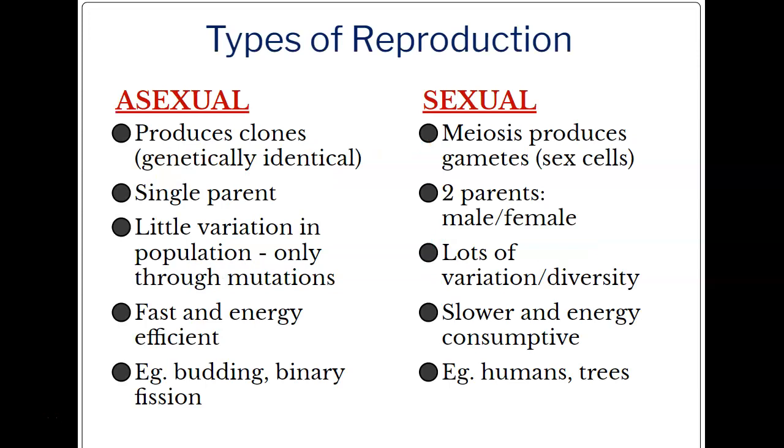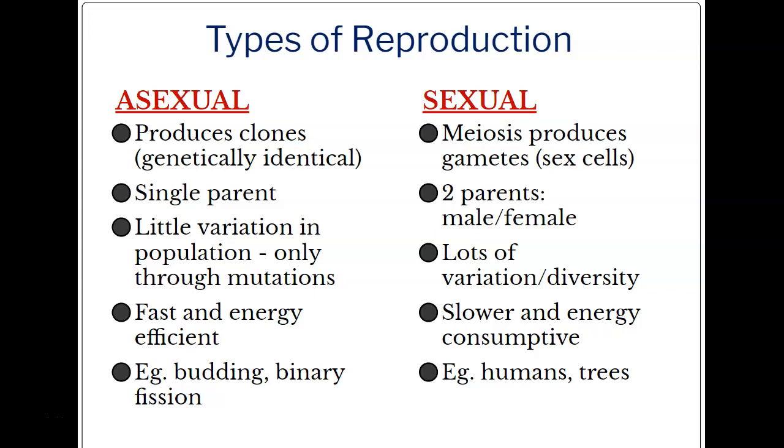There are two main types of reproduction. We as humans obviously do sexual reproduction, but asexual reproduction is done by bacteria and other like organisms. They essentially are cloning themselves. All of the offspring are genetically identical to the parent that they came from. So it's a single parent, and there's little variation because all of the offspring are exact clones.